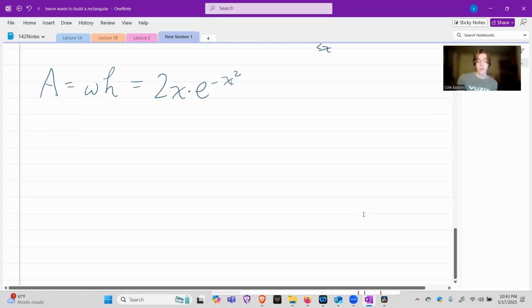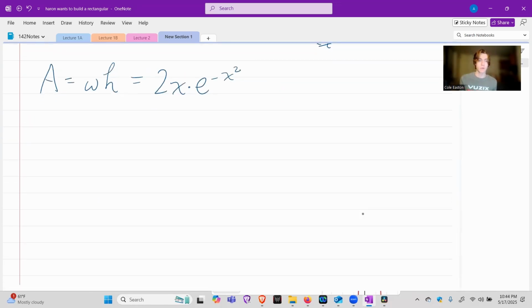Okay, so let's maximize this. Remember, we want to take the derivative of our function here, and we're going to set that derivative equal to 0. So dA dx, our derivative, equals, okay, now how do we take this derivative? We have a function multiplied by another function, so that means we're going to use product rule.